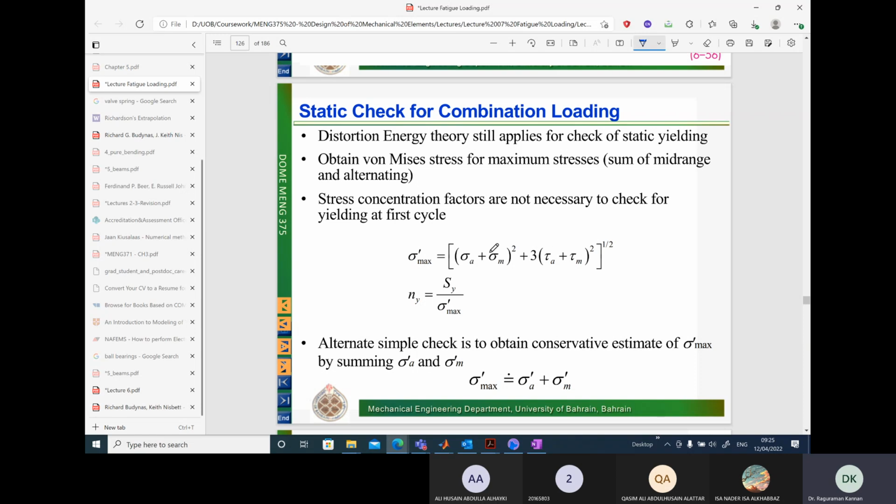Von Mises max stress is evaluated by using this particular formula. You can also calculate von Mises max stress approximately by using the formula given here. If you add these two quantities, you will get it here, but it is better to use this particular formula to evaluate your von Mises maximum stress accurately.